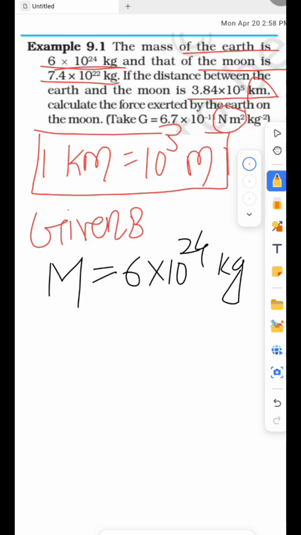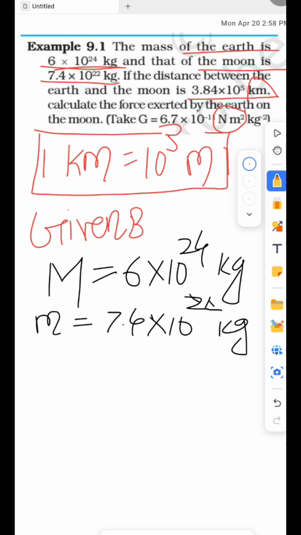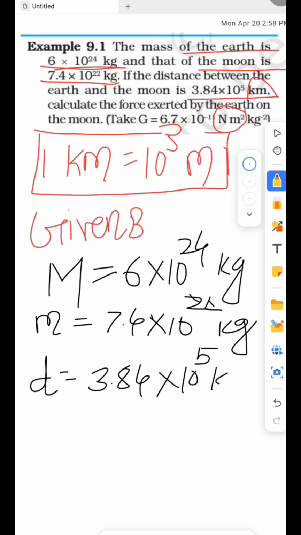Then the mass of moon we denote with small m, that is 7.4 into 10 to the power 22 kg. Now, what is the distance between the moon and earth? That is d equals 3.84 into 10 to the power 5 kilometer.